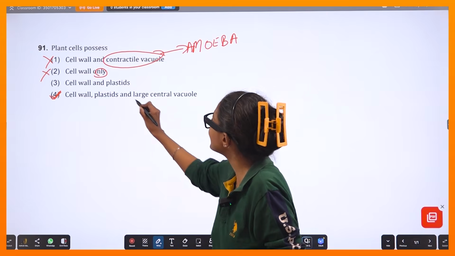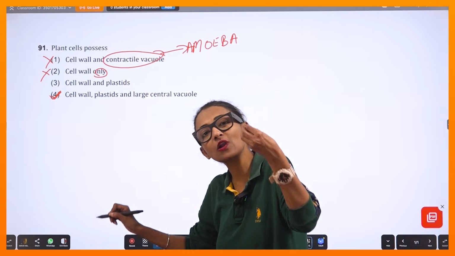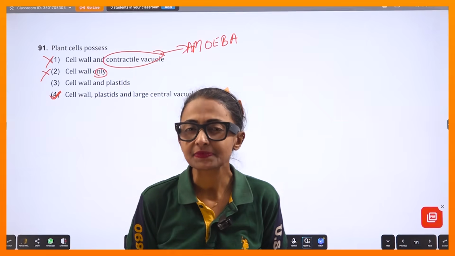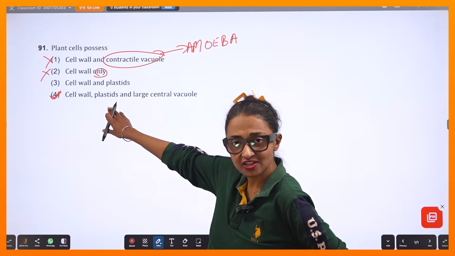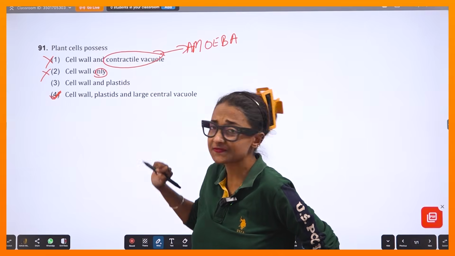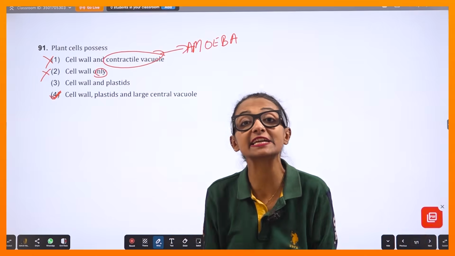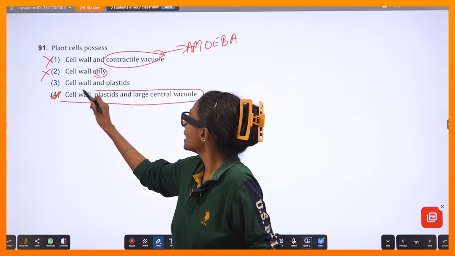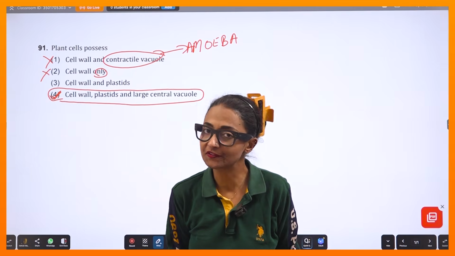So just writing plastids always present in all plants is a bit dicey. The fourth is the safer side because it has more variety. So I'll go with the fourth one.